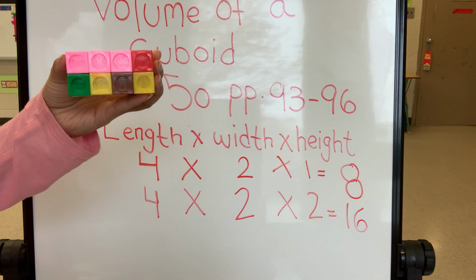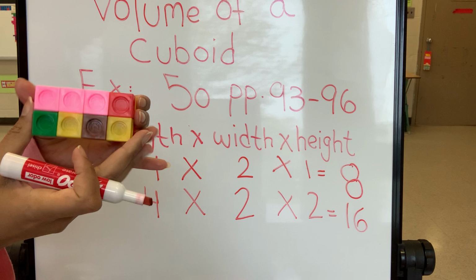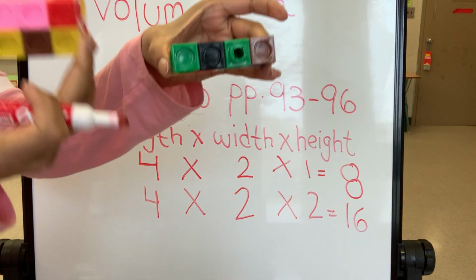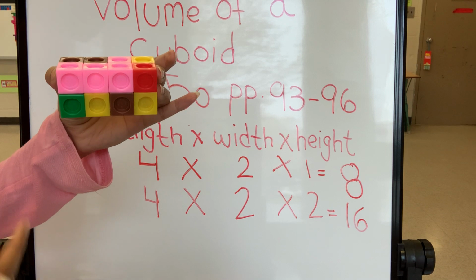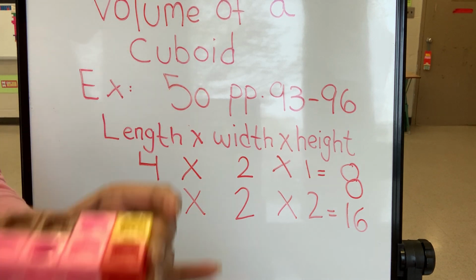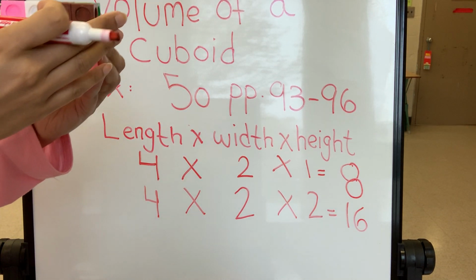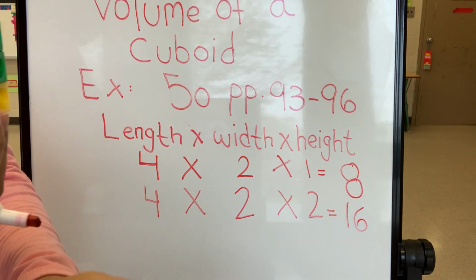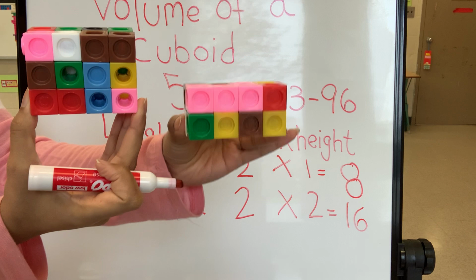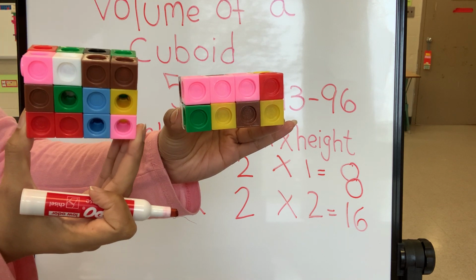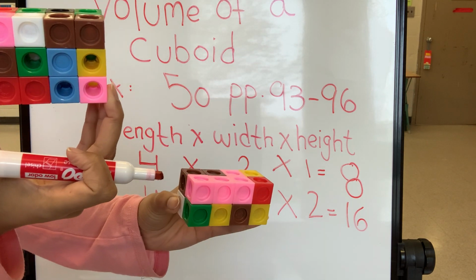Okay. Now let's say I add another layer to this one so that my height is 1 more layer, right? So look at this. I added 1 more layer to this cuboid.